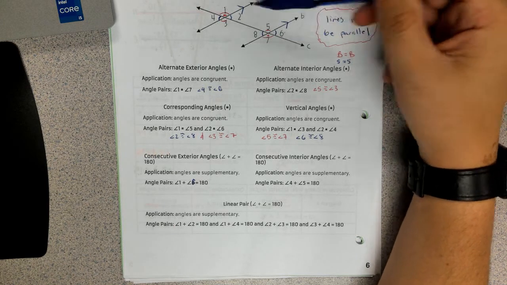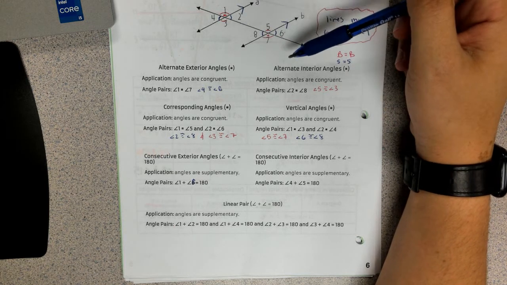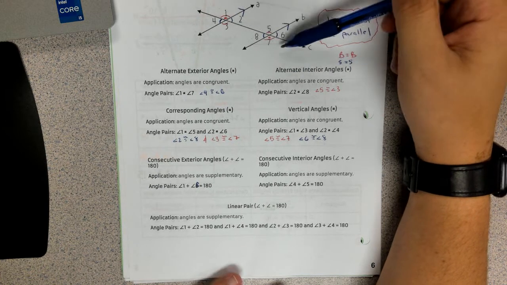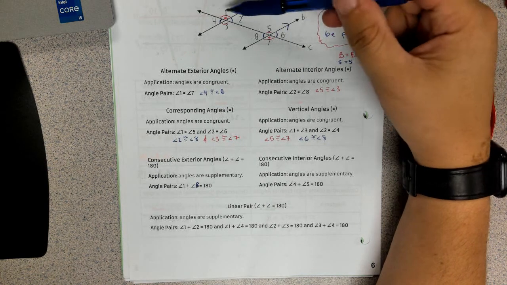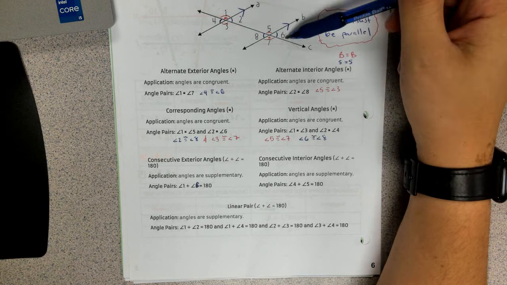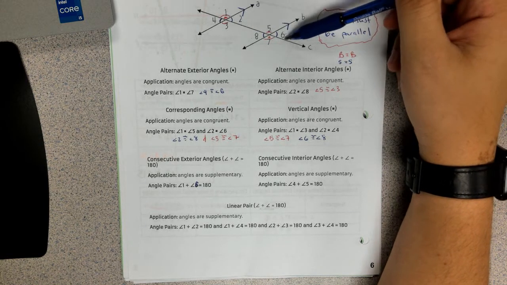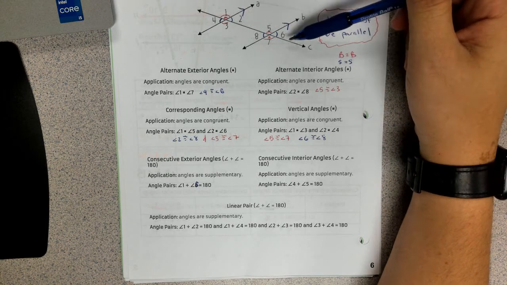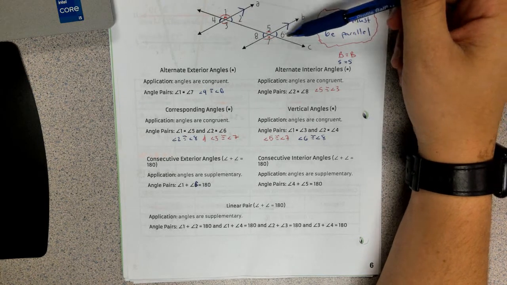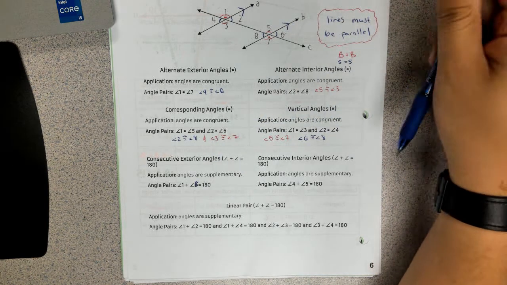Well, that means that they can't be congruent because they're not the same angle. They're two different kinds of angles. So what we say instead is that because they're on the same side and because they're on a line here, we can say that they equal 180. So angle 1 plus angle 6 will equal 180.